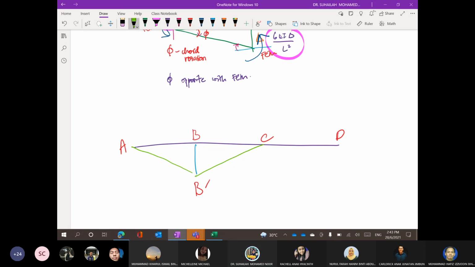Due to the settlement at B, for FEM due to delta, we must find where the triangle is in the system.